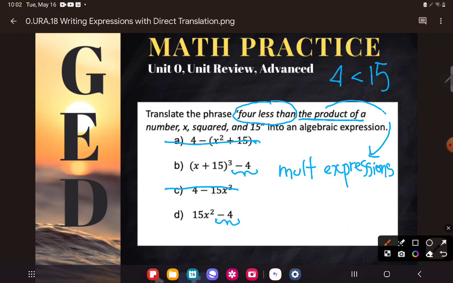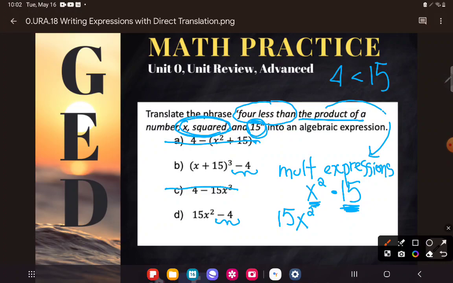So the product of a number x squared, so x squared is multiplying, and 15. And 15 is multiplying. Now, there's x squared times 15, but you guys know we're mathematicians, and mathematicians, when we're writing about multiplying in algebra, we put the coefficient, just a big fancy word for the number, first, and we put the variable portion, the part with the letter, second.